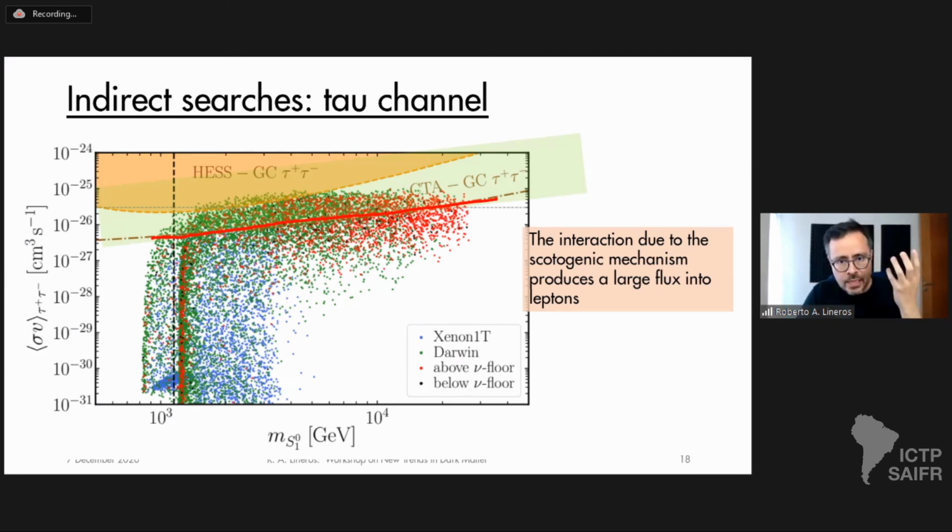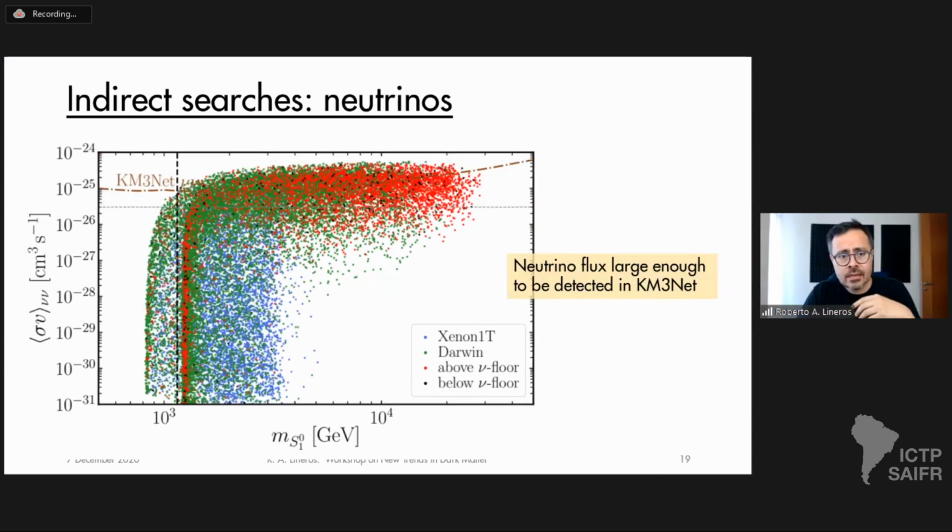But besides that, there are the complementarity searches, because the same structure that connects dark matter with neutrino physics is also going to be very important to produce large fluxes of neutrinos. So in principle, for future KM3NeT, going to neutrinos, the sensitivity line for KM3NeT is also within reach of the parameter space of this model's observables.